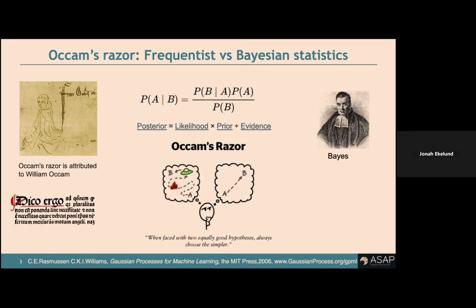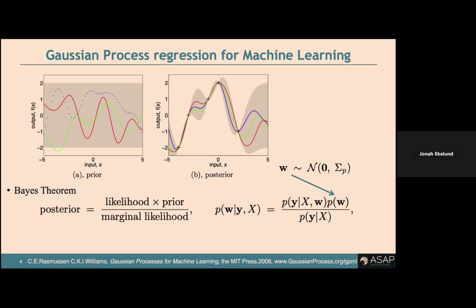Occam was actually a priest who came up with this, or is credited for this principle. The principle is, try to come up with as simple an explanation as you can for what you observe. It's interesting that it connects to beliefs about the system because it was conceived by a priest.